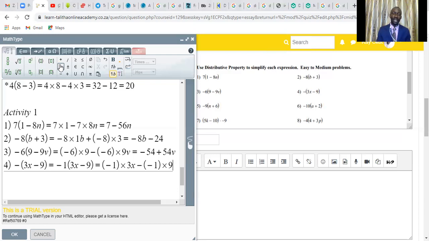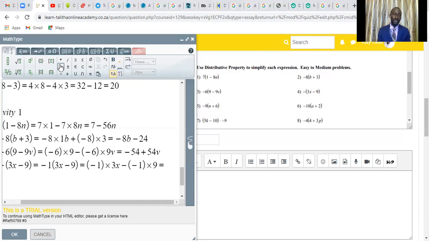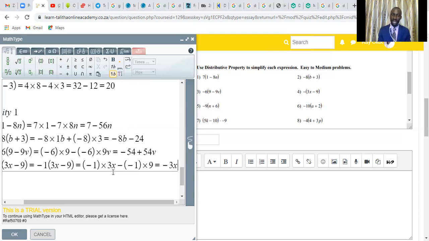What is going to be our next step? Well, we then distribute this onto that. Now notice that -1 times 3 is -3. Then the next thing is to attach x to it, because it was already there, even here and in the original question.